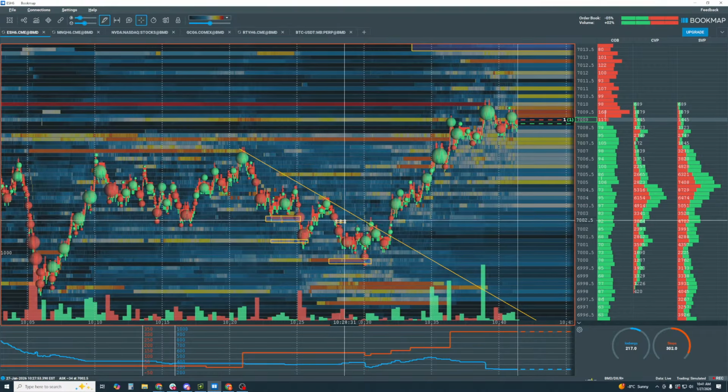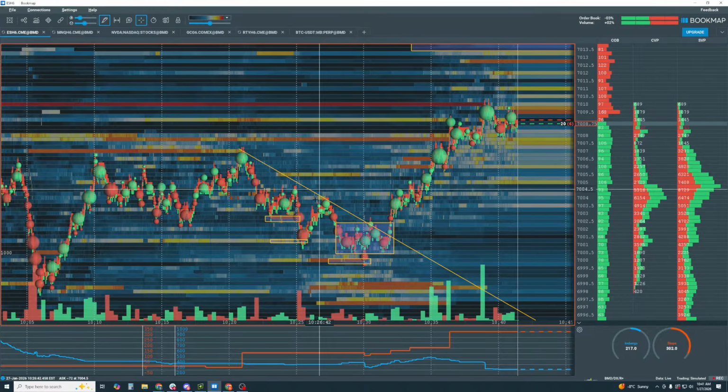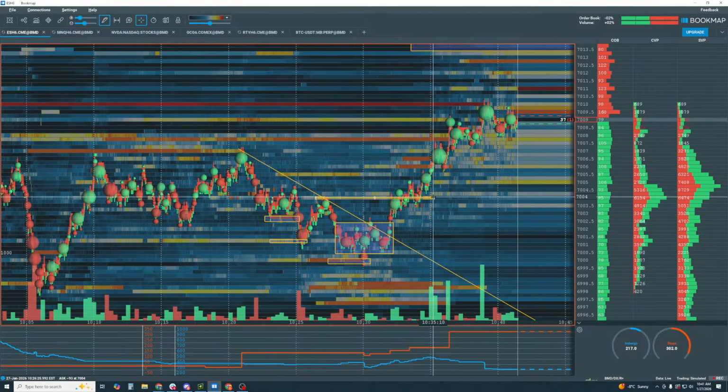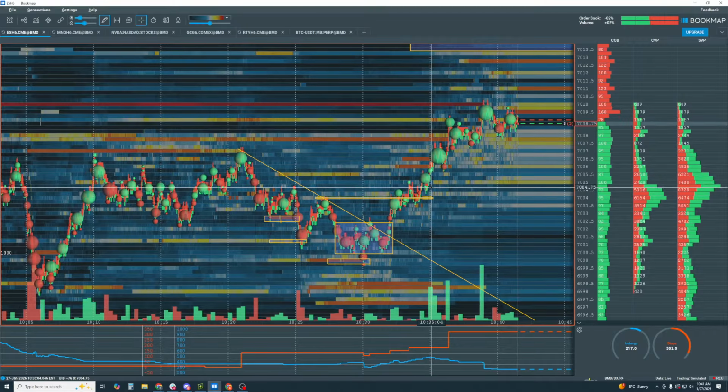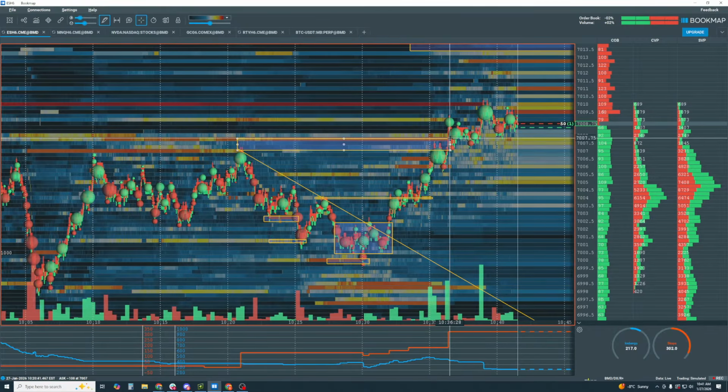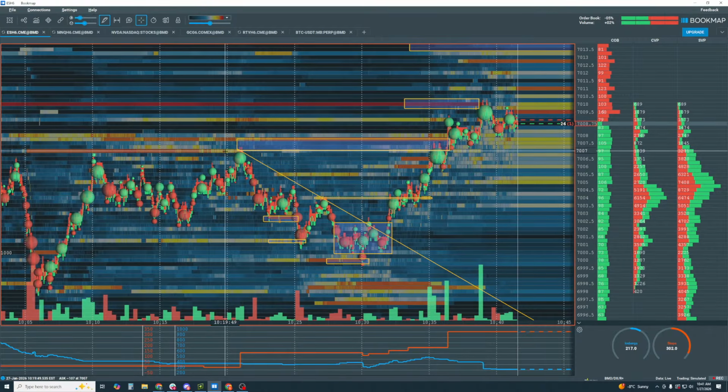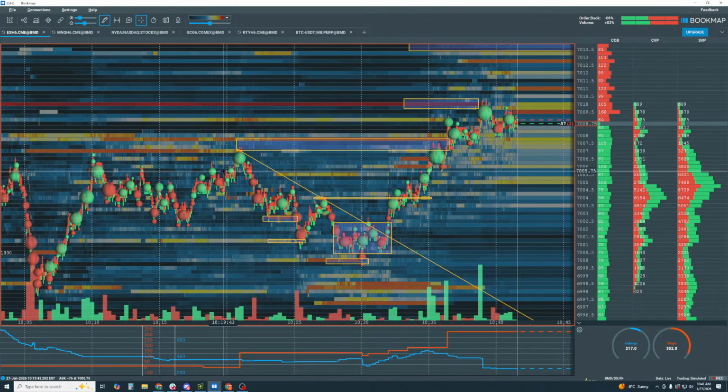We have broken this small structure, and we're starting to break this one. Once we see those buyers coming in, I'm looking for high liquidity to trade on the offer. Those are my targets, and I would be getting out.